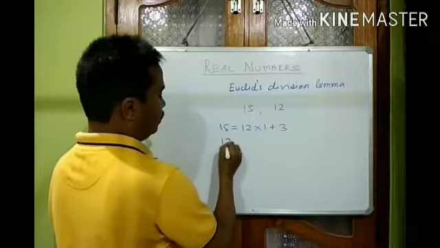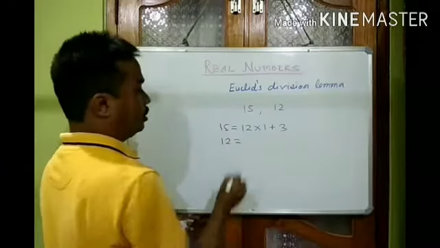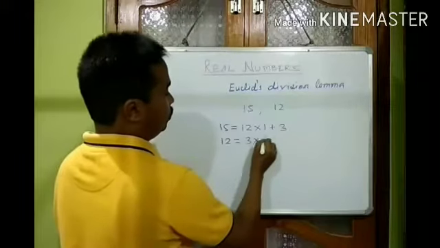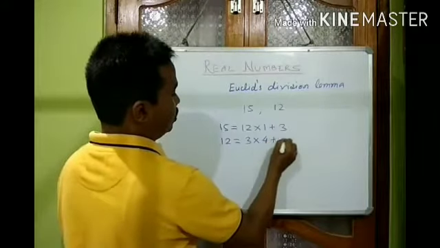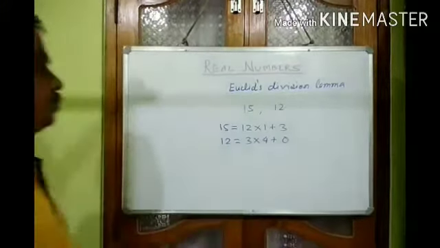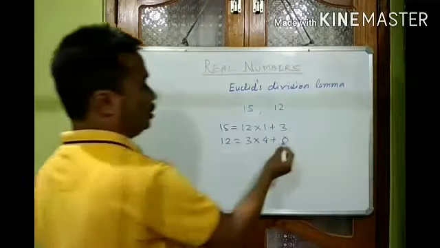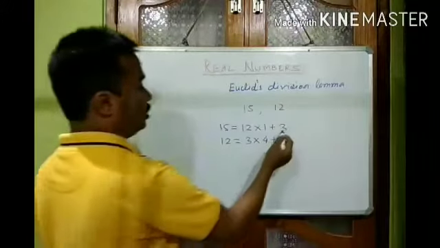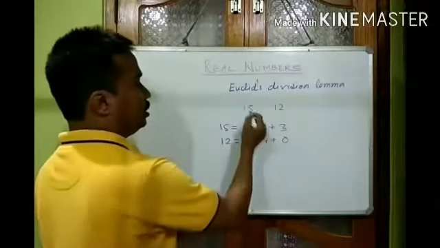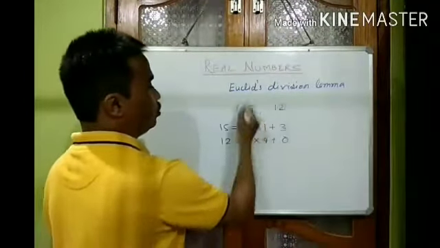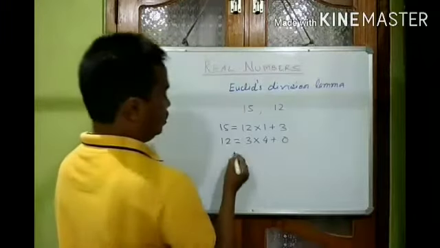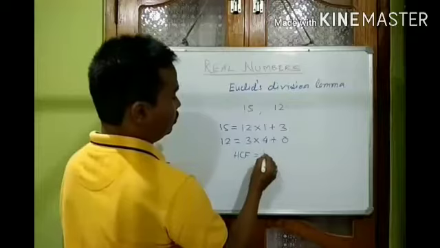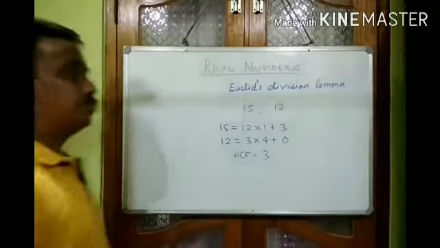Again this 12 can be written as this remainder 3 into 4 plus 0. So when this remainder becomes 0, the last remainder is the HCF of these two given numbers. So here HCF is equal to 3.